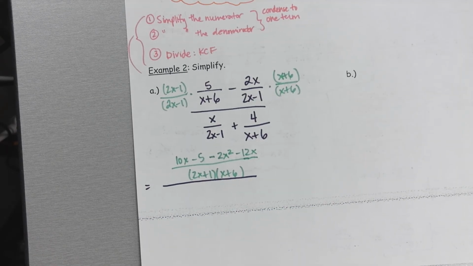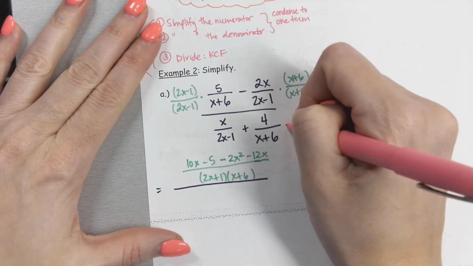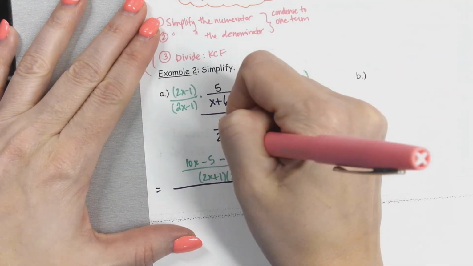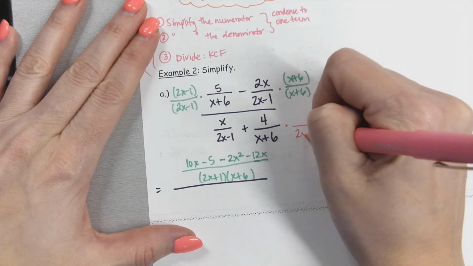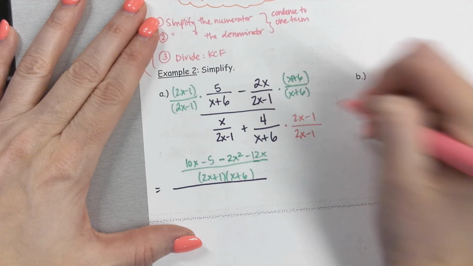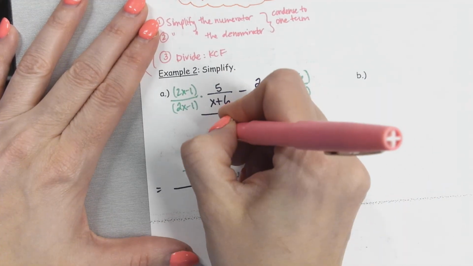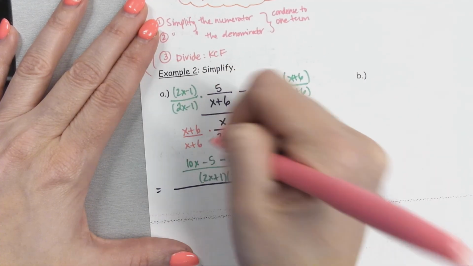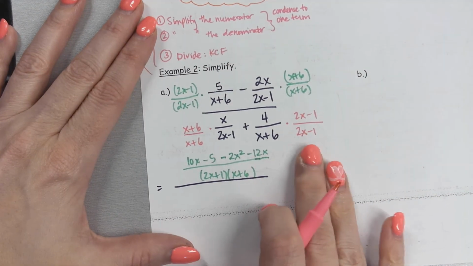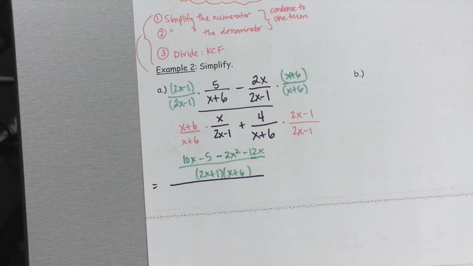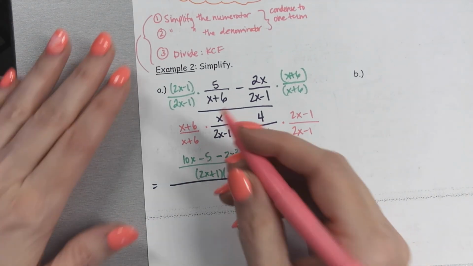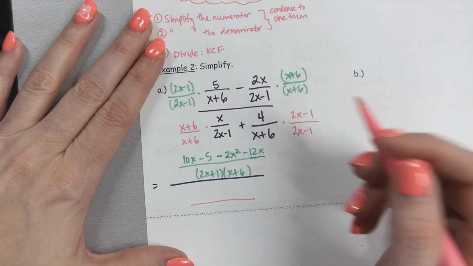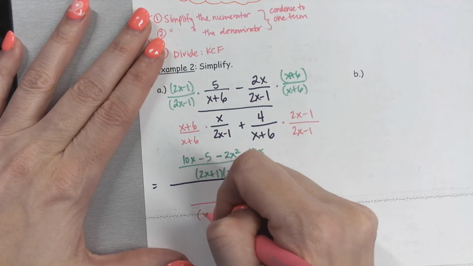Okay, and then in the denominator, again, you have these two factors, but now we're going to multiply the right by 2x minus 1 over itself, and we're going to multiply the left by this. Okay, so you do have to show this part as your work, or else your answer would just come out of nowhere. So you do have to show what you're multiplying by.